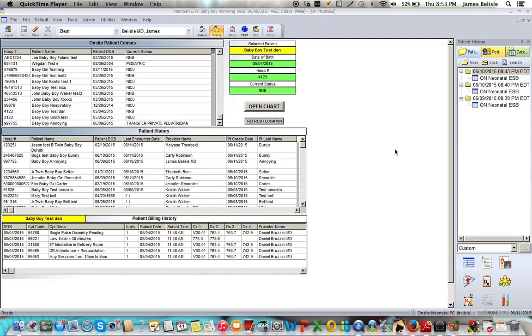So here we have baby boy test Dan, and he was admitted on 5/4 with a low initial. Let's say that he went into the NICU, and later on that night he required intubation. Okay, so how would you document that?